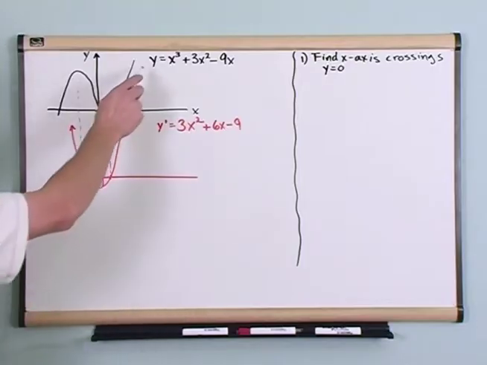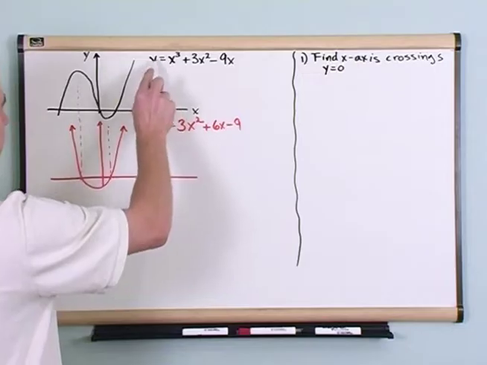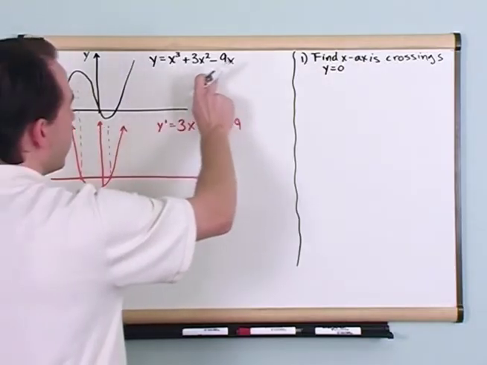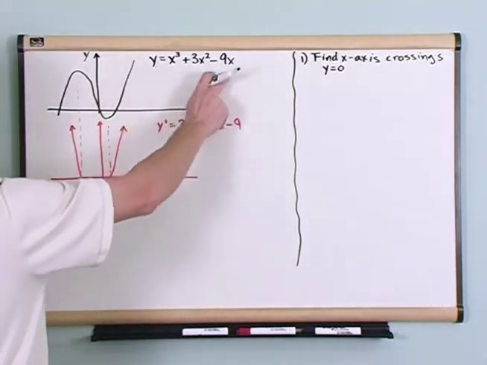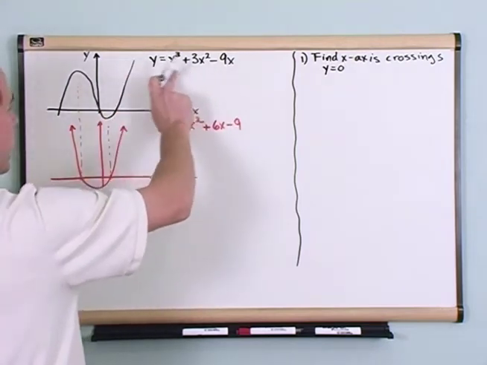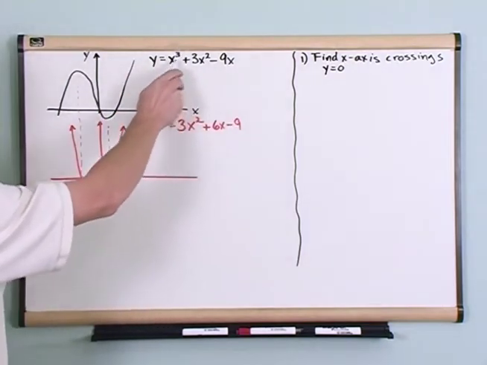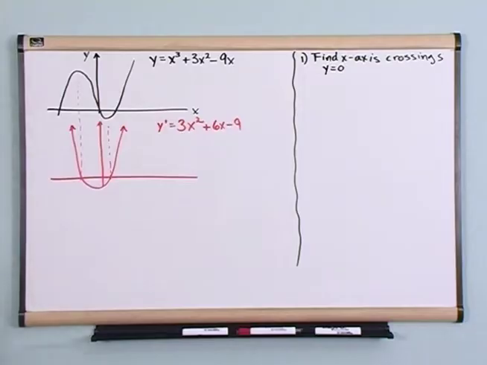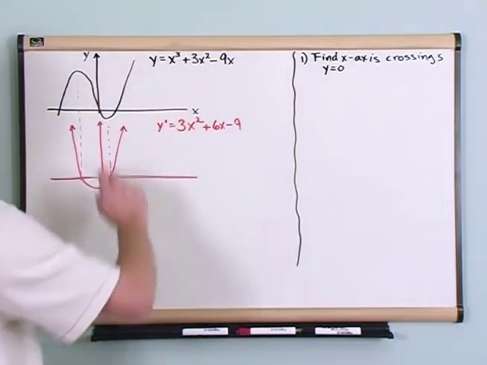So what you would do is put a 0 here for y on the left-hand side of the equation, and you would have an equation in x equal to 0, and you would solve for x. You would get 3 values of x because you've got x cubed, and from your algebra you should remember that you would expect as many solutions as the highest power in your equation.